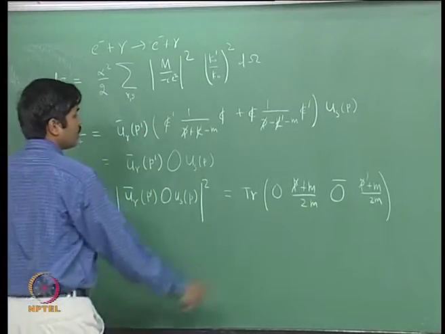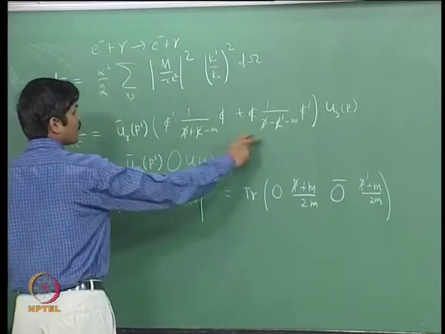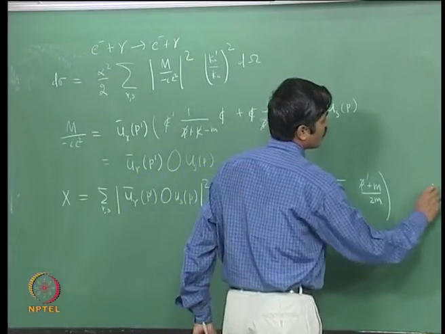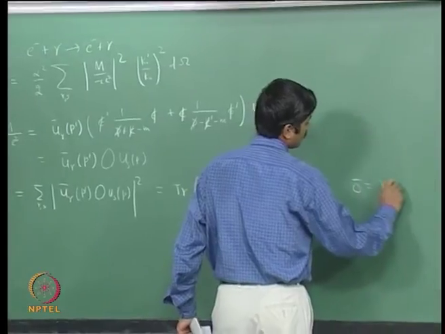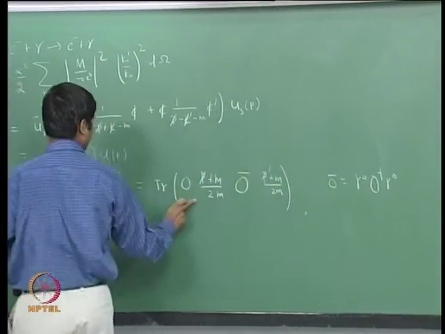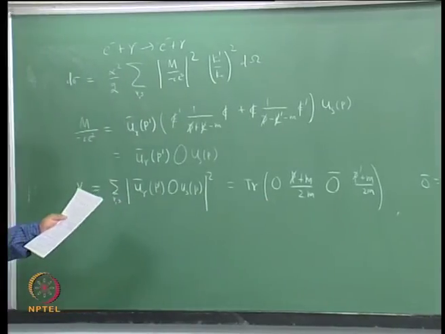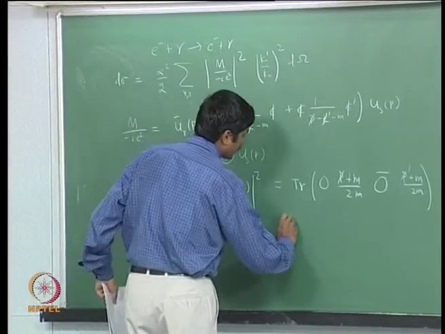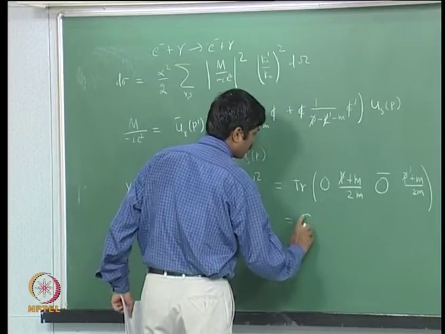Our Ō is γ⁰ O† γ⁰. When we substitute for O, what we get is a sum of 4 terms.